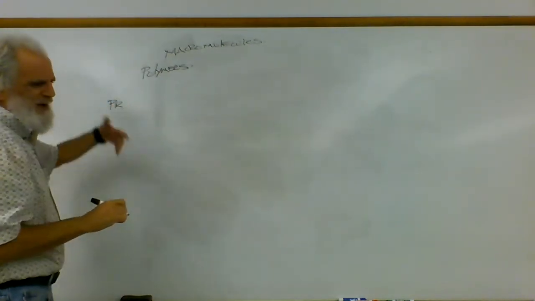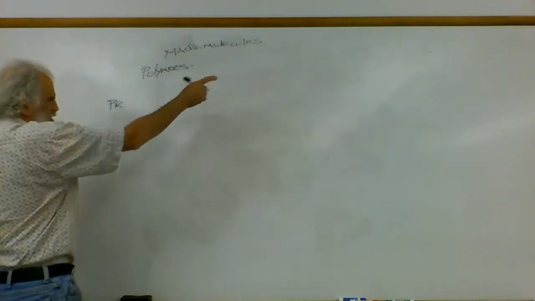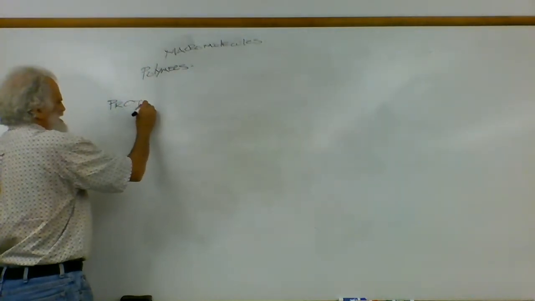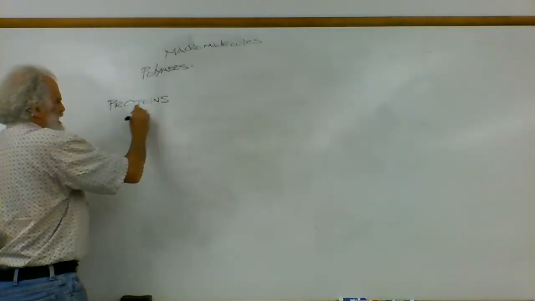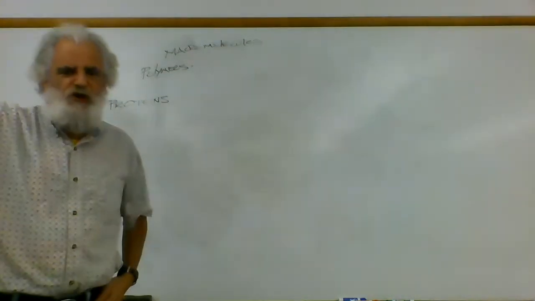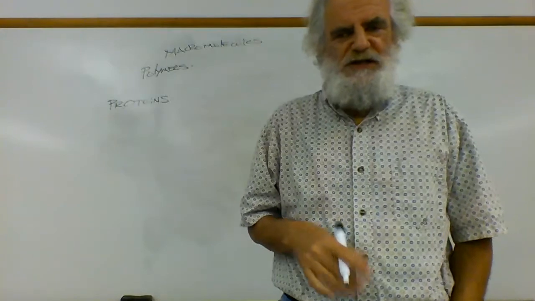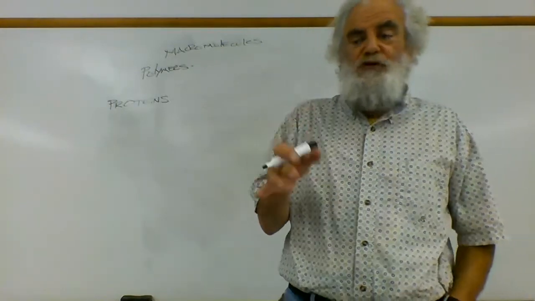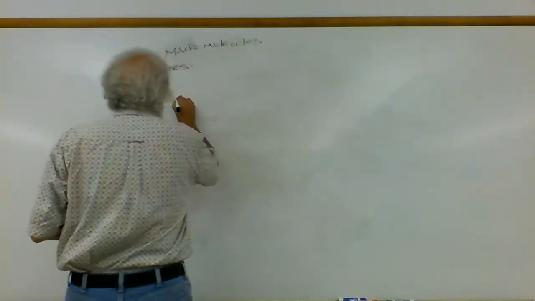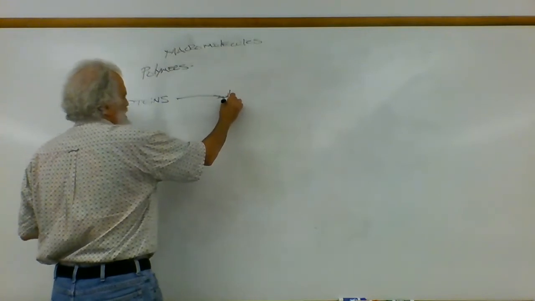I'm putting the polymer over here and we'll put the monomer over there. We have proteins, and proteins can go by a couple of terms. They can also be called peptides if they're not very big, but proteins is typically how I refer to them. Proteins are made up of amino acids.